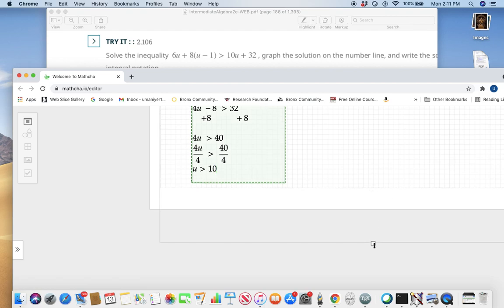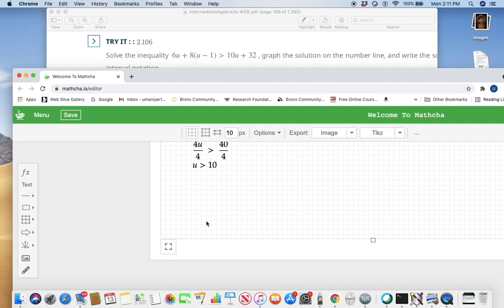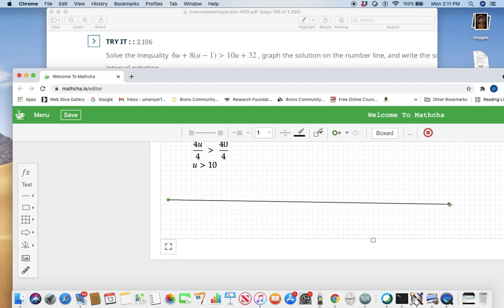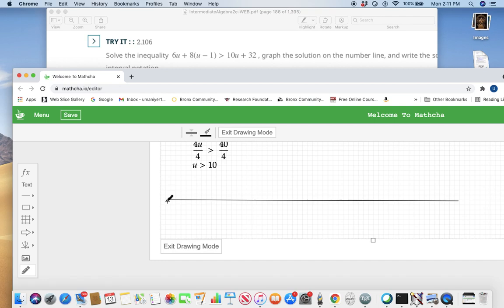Once you have this, you can draw its graph. Okay. Somewhere here is 10. Exclude 10 because it's greater than, and then go to the right.